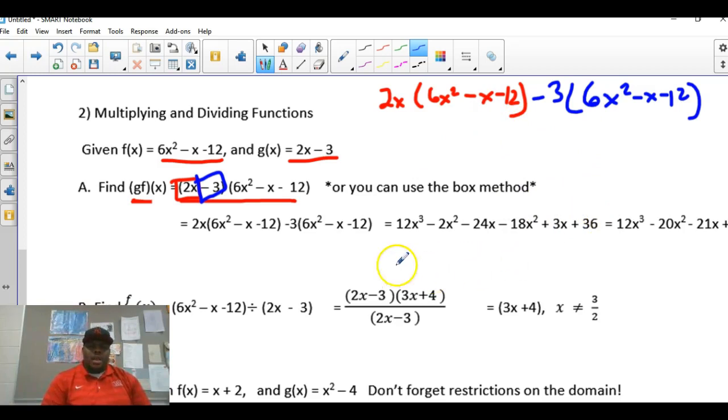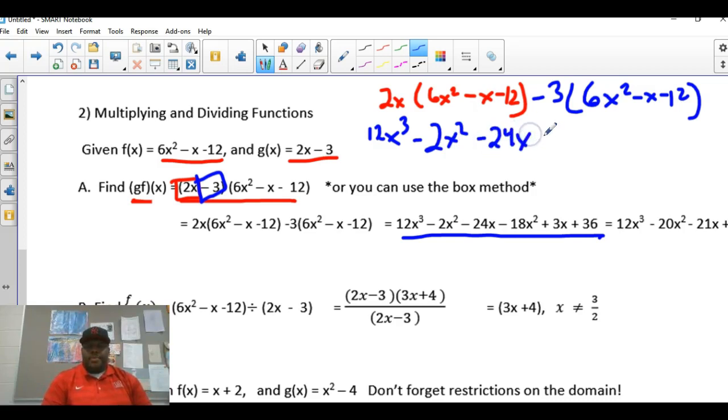Now, when you do that, what you're going to get is this tidbit right here. I'm going to go ahead and do it, though. You have 2x times 6x squared. That's going to be 12x cubed. All right, then you have 2x times negative x. Well, that's negative 2x squared. And you have 2x times negative 12, which is negative 24x, okay?